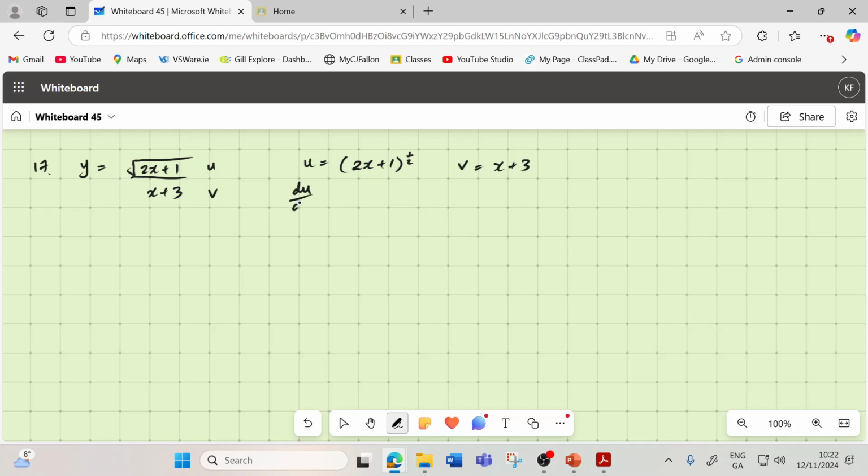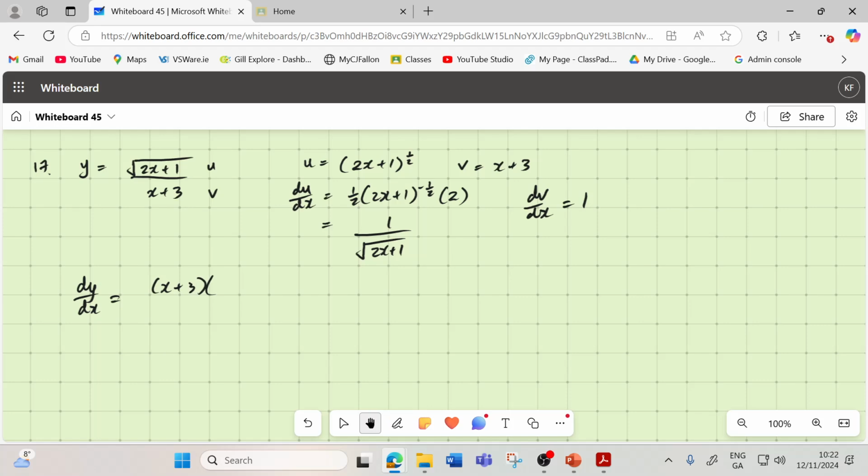Now u is the square root, power one half, so du/dx equals one half times (2x plus 1) to the power minus one half times 2, which is 1 over the square root of 2x plus 1. And dv/dx equals 1. So dy/dx equals (x plus 3) times 1 over the square root of 2x plus 1, minus the square root of 2x plus 1 times 1, all over (x plus 3) squared.